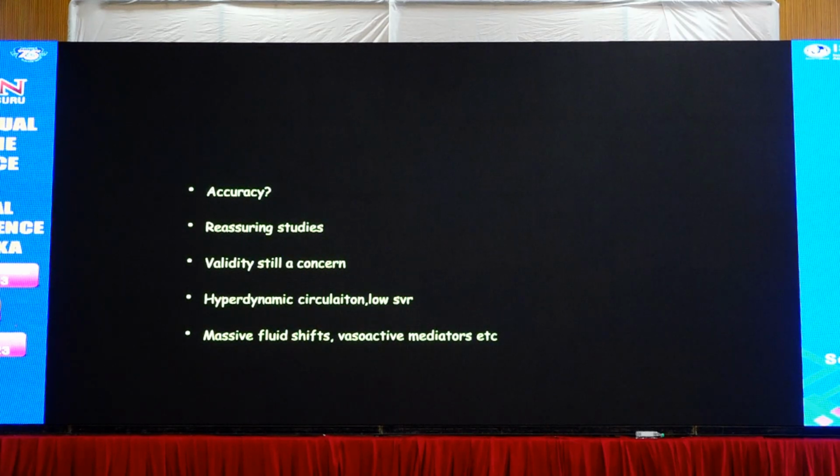Now, the question is, is the cardiac output measured by these devices accurate or comparable with the one measured by pulmonary artery catheter?